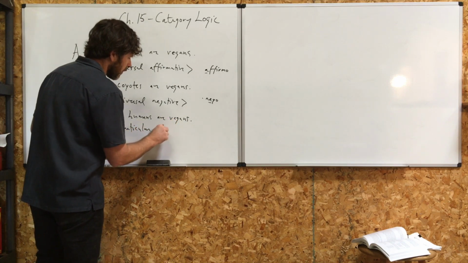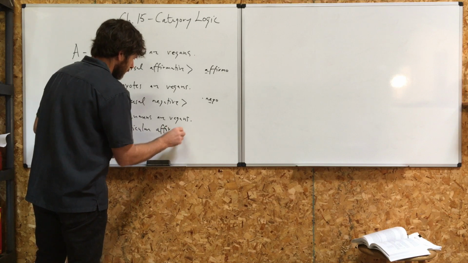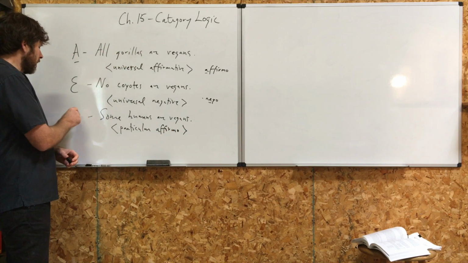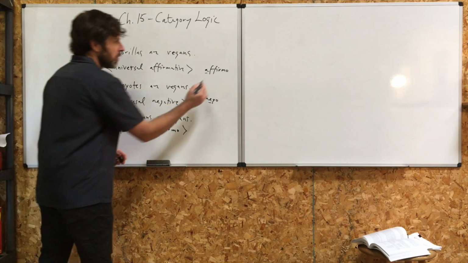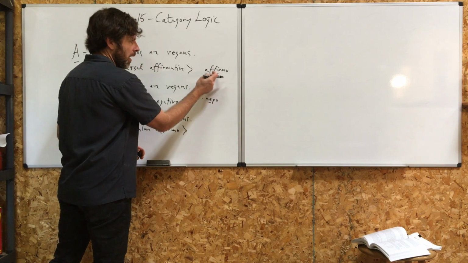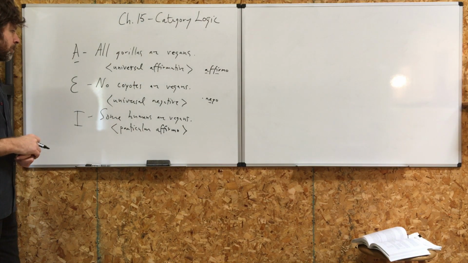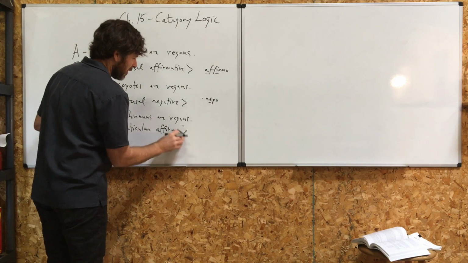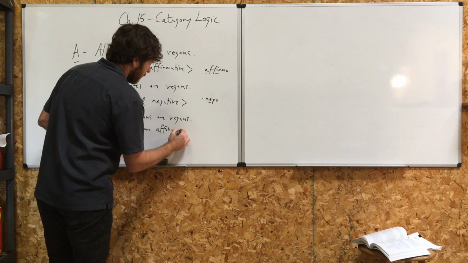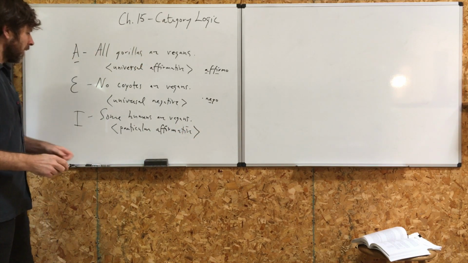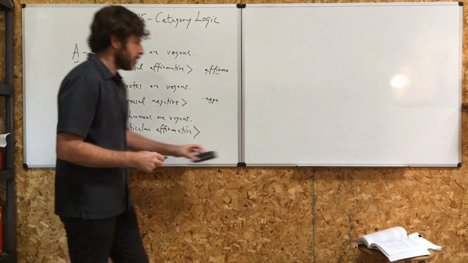So it would be called affirmative. And it is an I statement, which refers right there, I to affirmo. Again, if you care. Affirmative, to use the English. All right, particular affirmative.